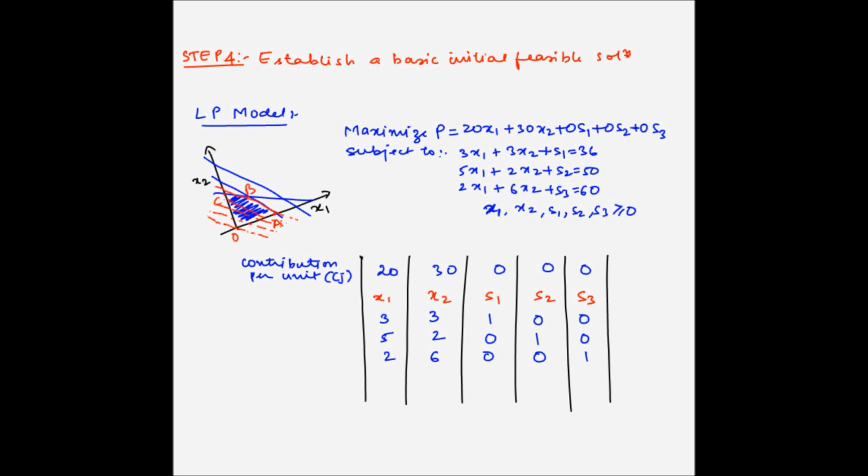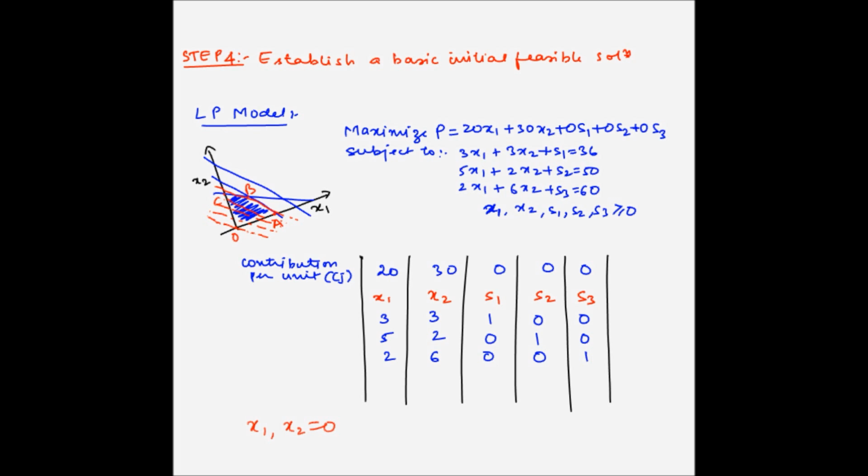But conceptually, for the simplex method, we'll start at the origin, that is we'll consider x1 and x2 as 0, and then we'll keep on moving to the other corner points. So basically what we'll do is we'll consider x1 and x2 equal to 0.